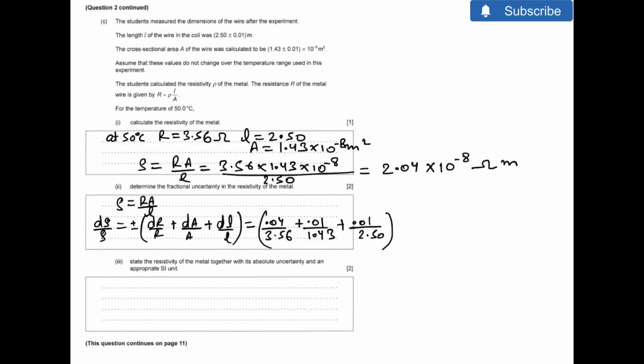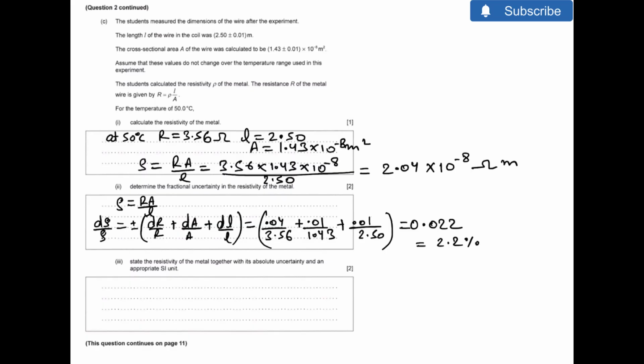So this will be approximately 0.022, or we can say that it is equal to 2.2%. Okay, this is the fractional uncertainty or percentage uncertainty.